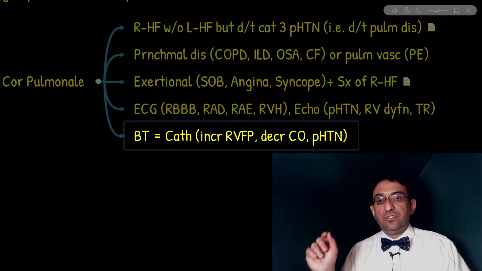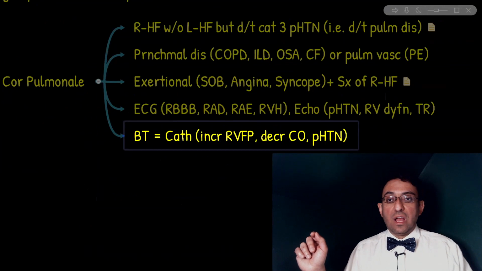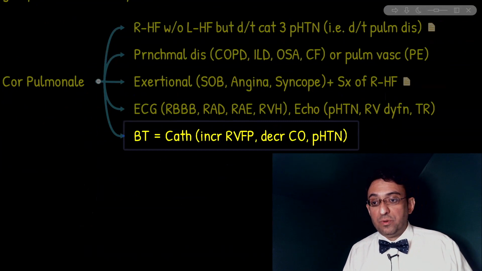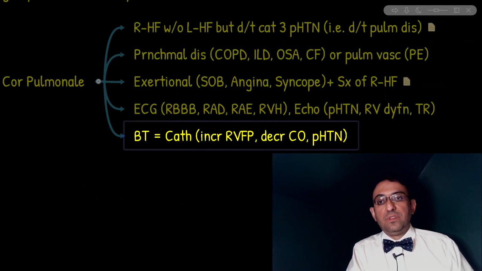The focus is treating the underlying lung disease. We can consider use of bronchodilators or oxygen therapy, as well as antibiotics if needed. We treat the underlying pulmonary hypertension, and we consider measures for heart failure, including low sodium diet, and if needed, use of diuretics.